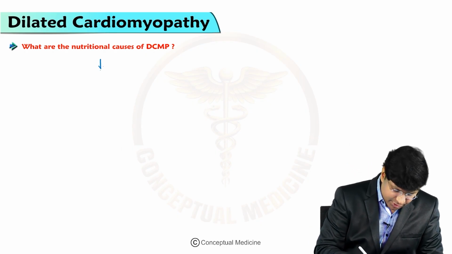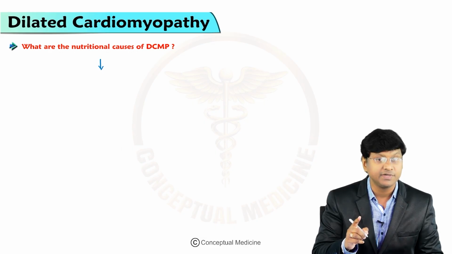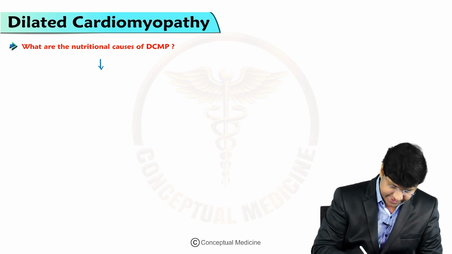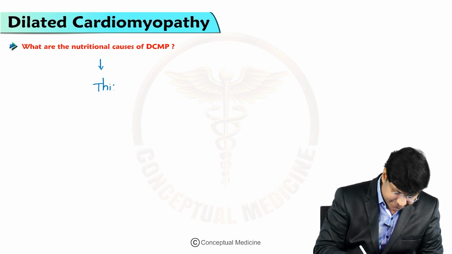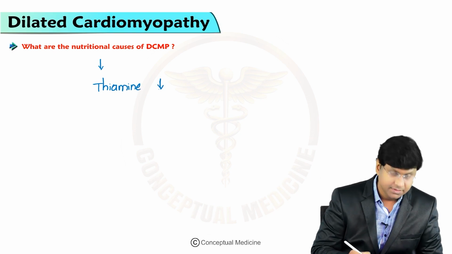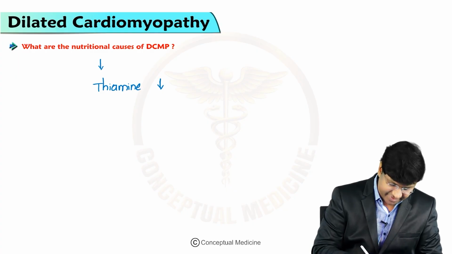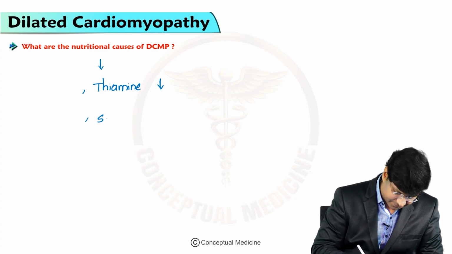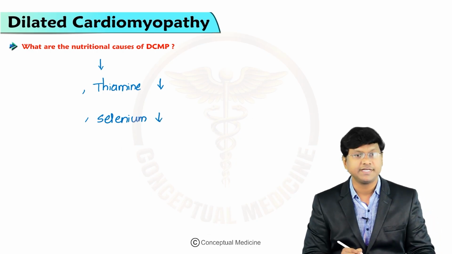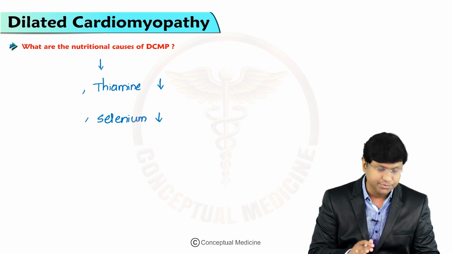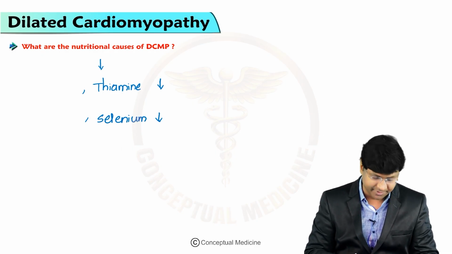Nutritional causes include, number 1, B1 deficiency, that is thiamine deficiency, and number 2, selenium deficiency. So these are the nutritional causes of dilated cardiomyopathy.